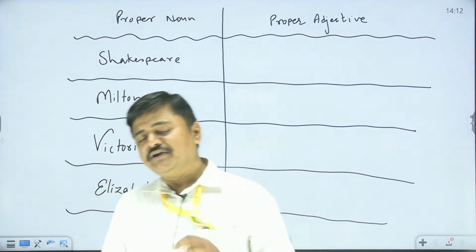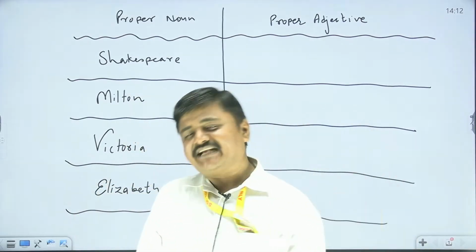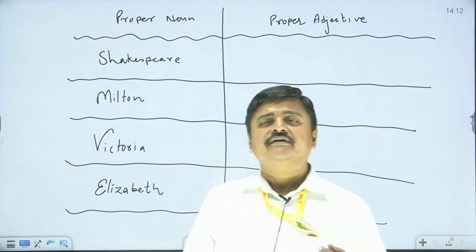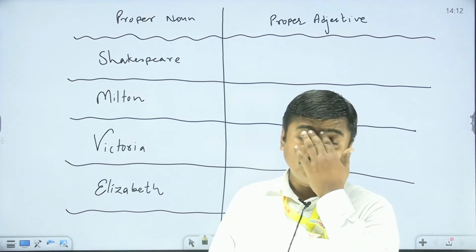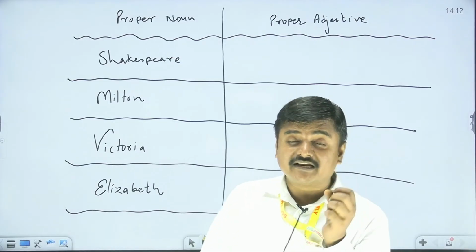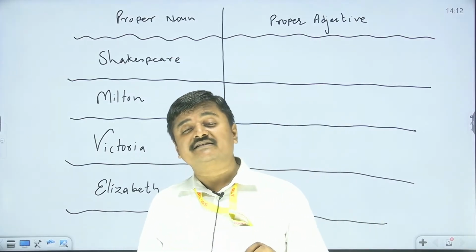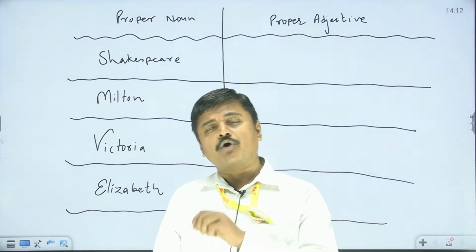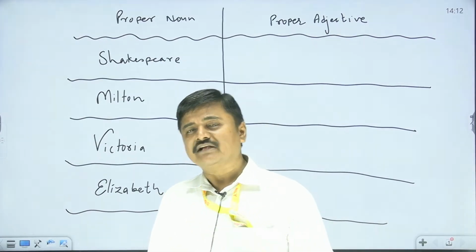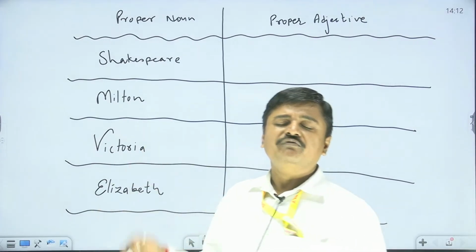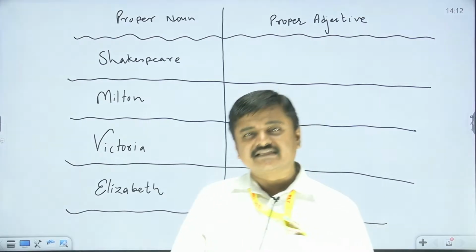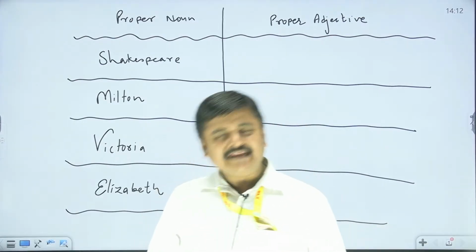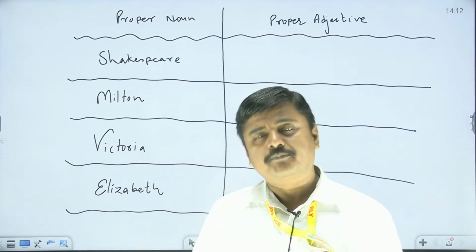Words like Ram, Shyam, Sita, Geeta don't have a universal appeal or universal characteristics to be changed into a proper adjective in the same fashion as we are going to do with these four words. So it is not always possible to turn any proper noun into a proper adjective.